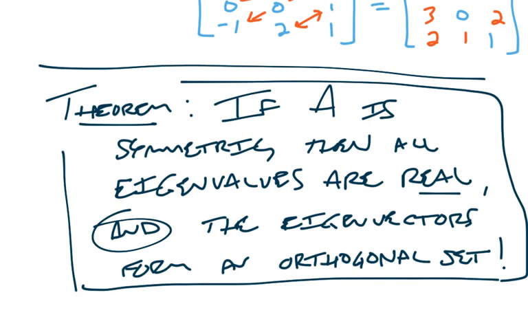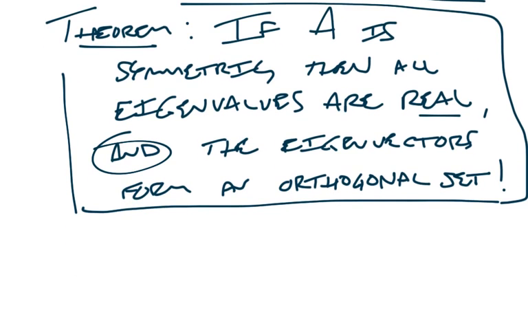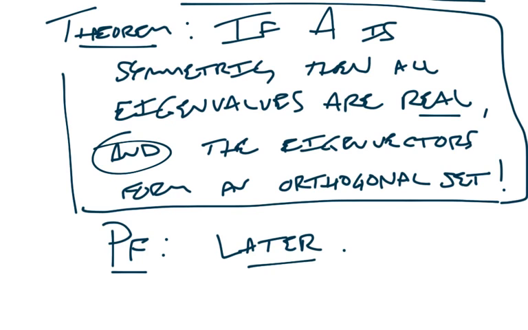So this is the idea. We are going to prove this stuff a little bit later, but this is the big idea. This is why symmetric matrices are so incredibly nice. They have the best possible situation for their characteristic values and their characteristic vectors.